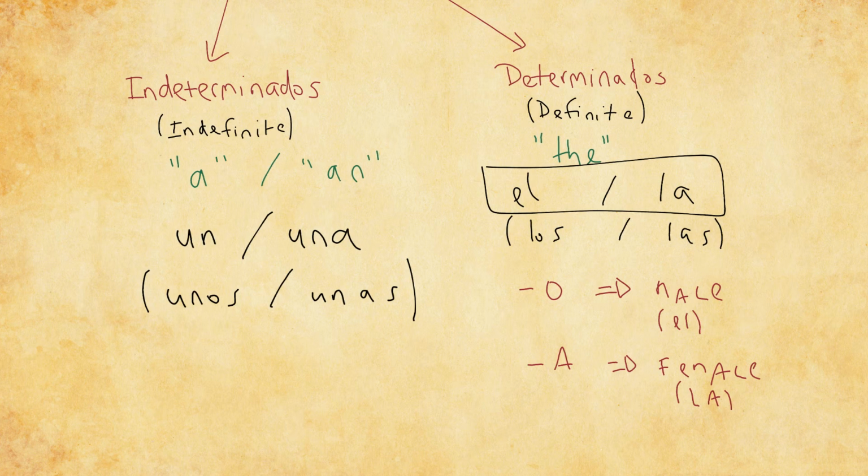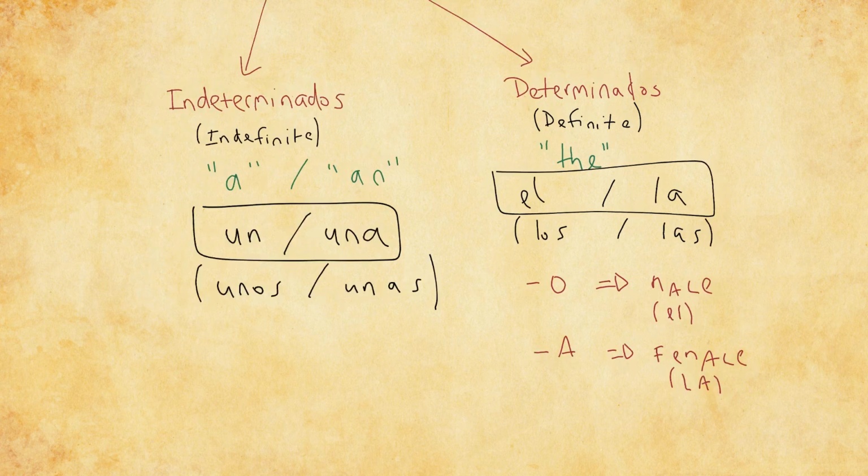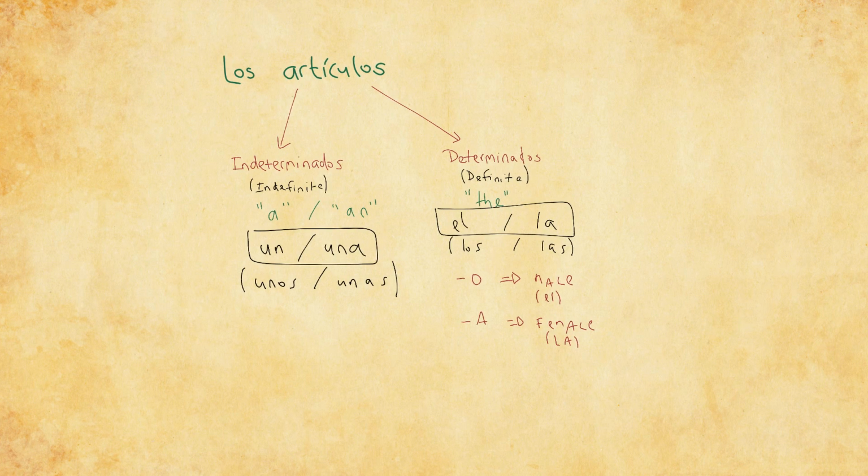Okay, so that is it about articles. Just a quick recap. Articles are equally important in both the English and the Spanish language, and we can divide articles in both of these languages into two groups: definite articles and indefinite articles.